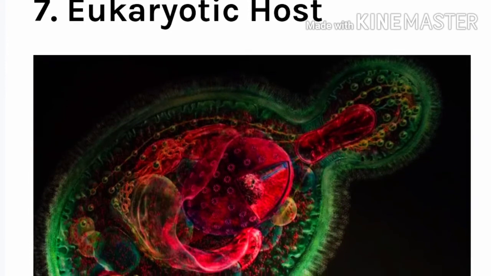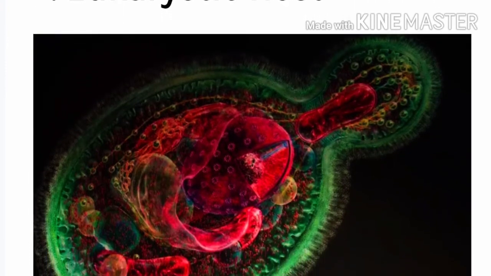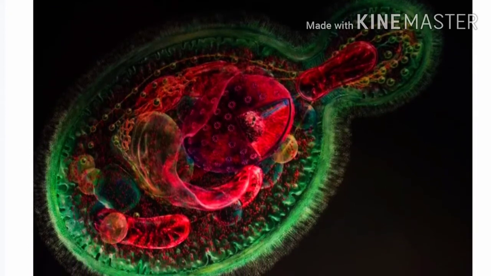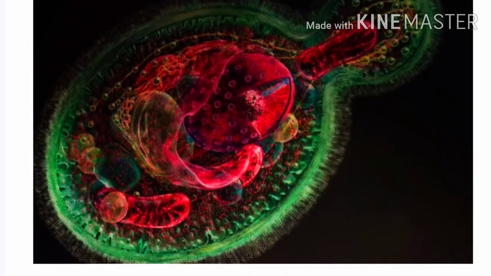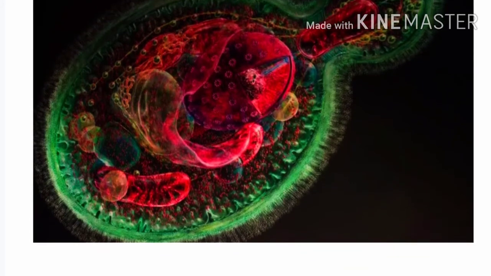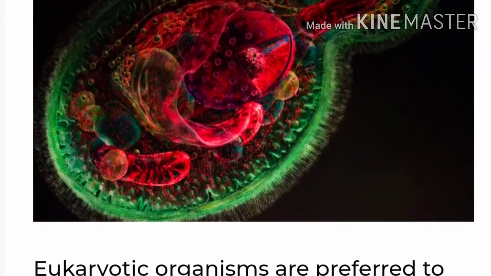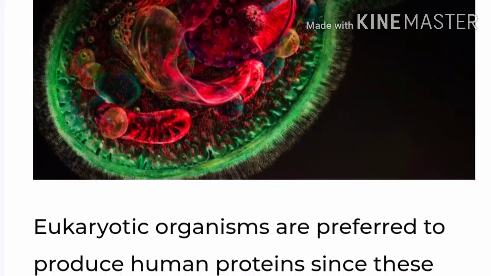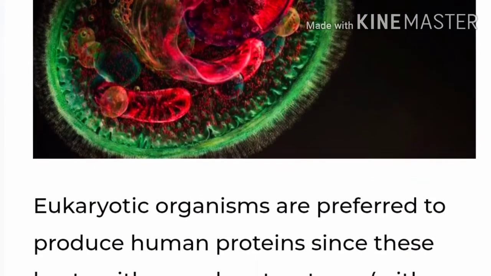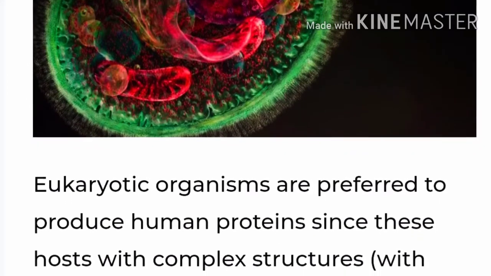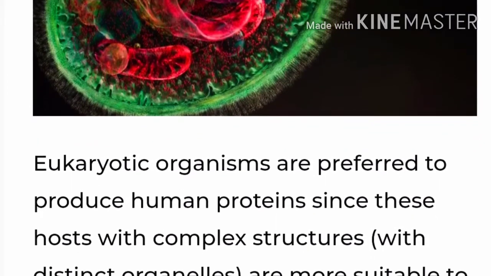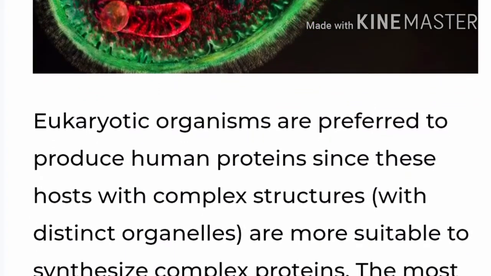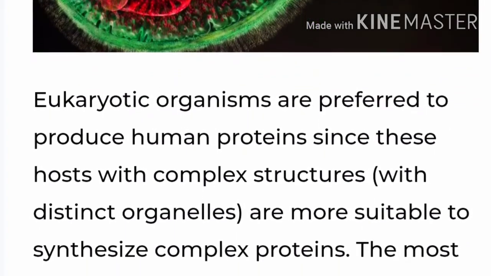Next, the eukaryotic host. That means where the eukaryotic cells act as a host and inside which the recombinant DNA replicates itself. Now look, eukaryotic organisms are preferred to produce human proteins since those hosts with complex structure are more suitable to synthesize complex proteins.